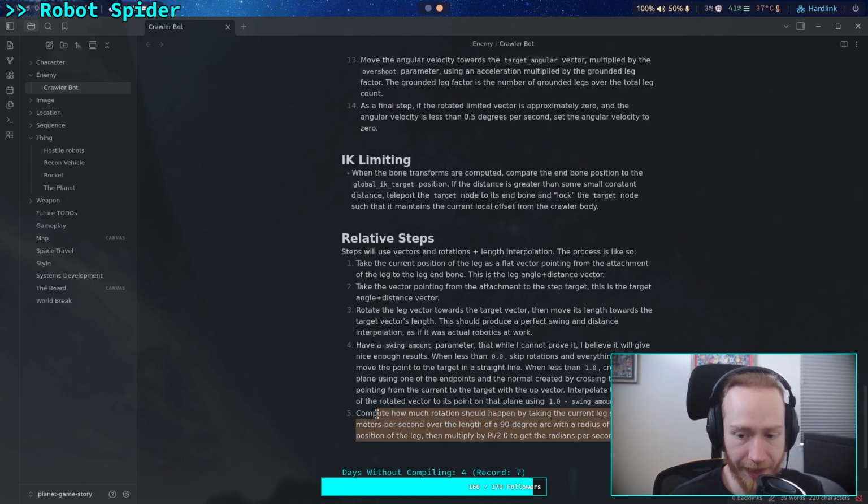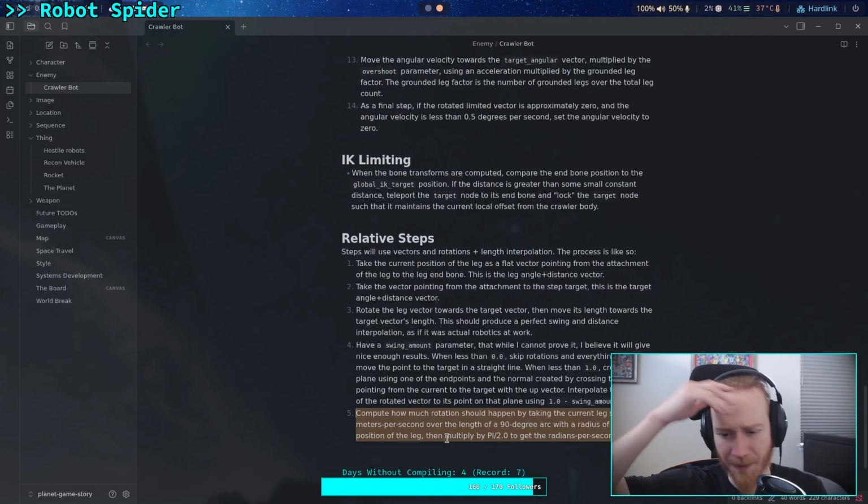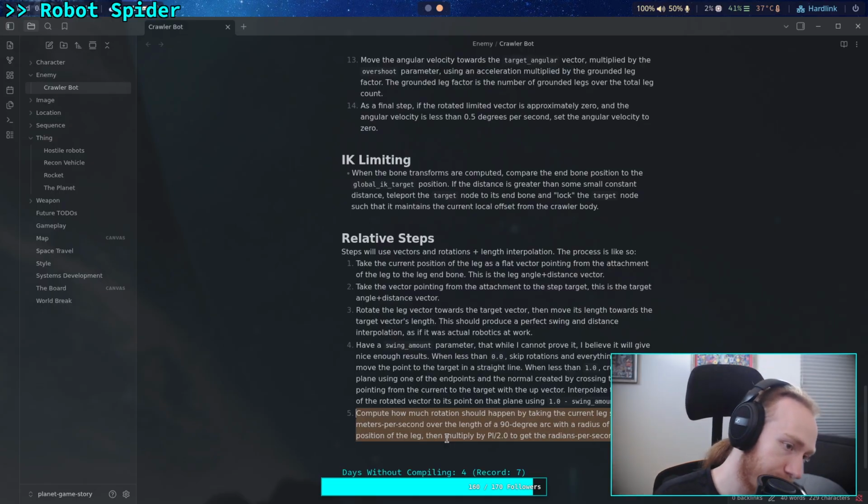The rotation should happen by taking the current leg speed in meters per second over the length of the 90-degree arc with the radius of the rest position of the leg. I might even say like a 60-degree rotation of the leg. 90 degree seems most right.